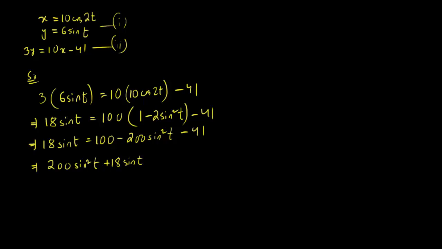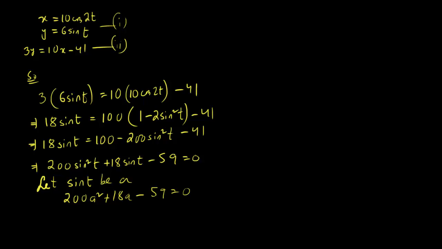Now 100 minus 41 is 59, so this is going to be minus 59 equals 0. So it's better to use substitution. So let sin t be a. So 200a squared plus 18a minus 59 equals 0.